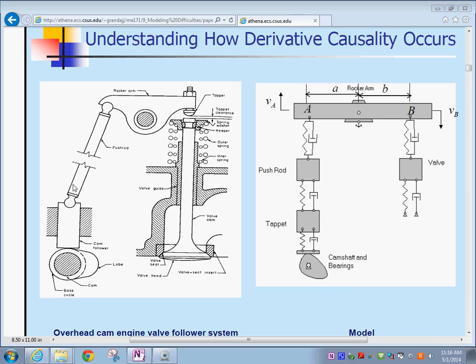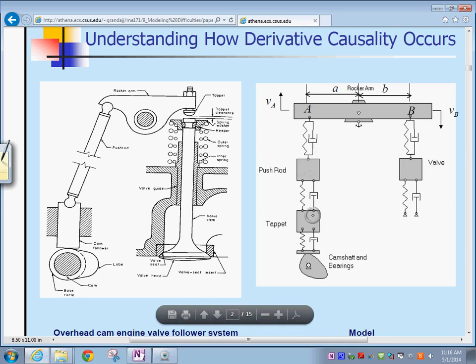We have this rocker arm, which is represented over here, and you see this valve, which is represented over here, and the push rod over here like this, with damping and stiffness for each one of those to allow for the adjustments between the parts and the friction, as well as the damping and some of the stiffness of each one of the parts.